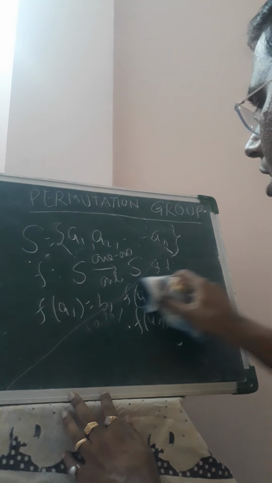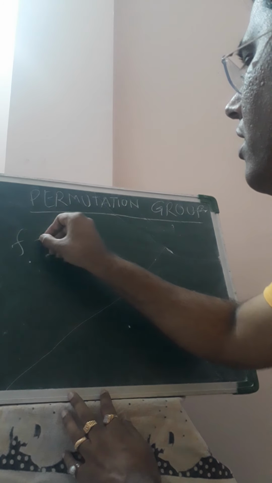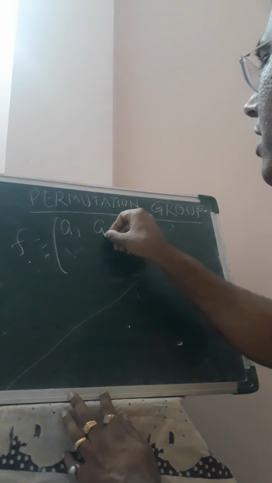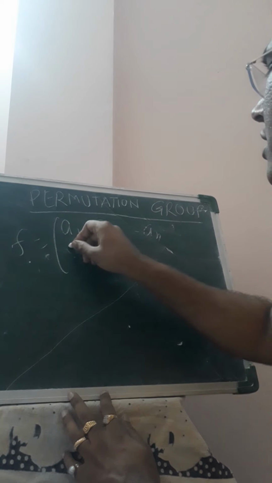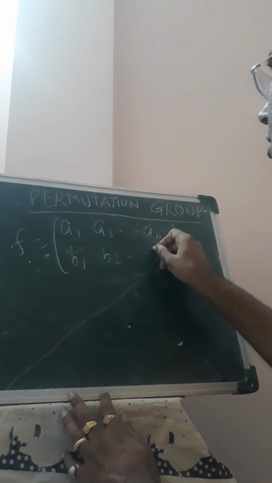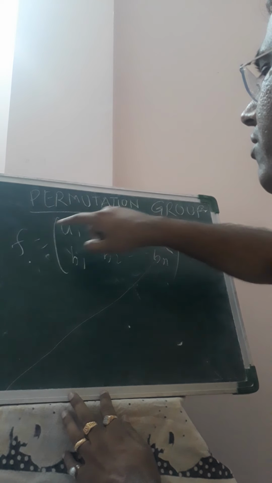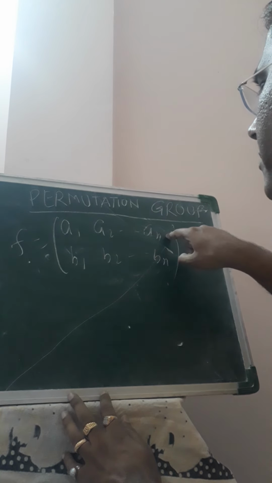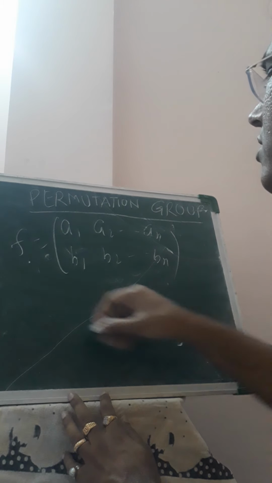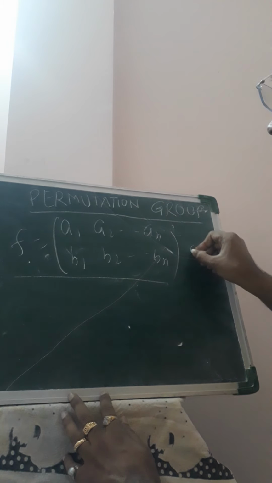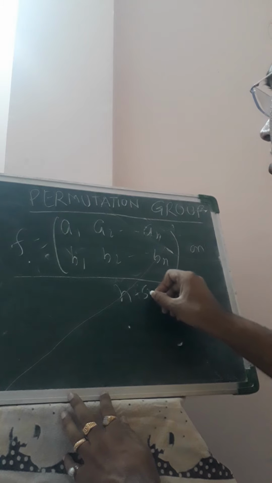So we can write it as A1, A2, ..., An over B1, B2, ..., Bn. That is, image of A1 under F is B1, image of A2 under F is B2, and image of An under F is Bn. So this is a permutation on n symbols.